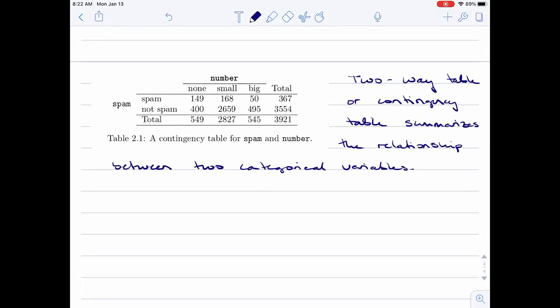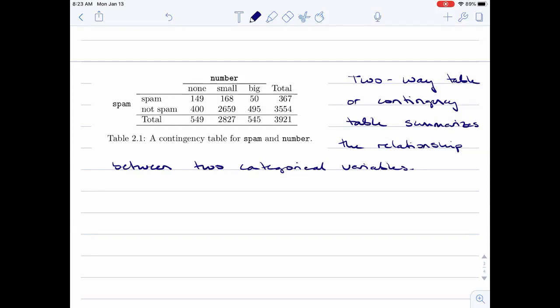Usually what we'll find is that, for just the way our minds work, if I tell you 400 out of 3,554, is that hugely different from 495 versus 2,659? So we have a hard time dealing with just raw counts, especially when it's not out of a nice number like 100 or 1,000 or 10.